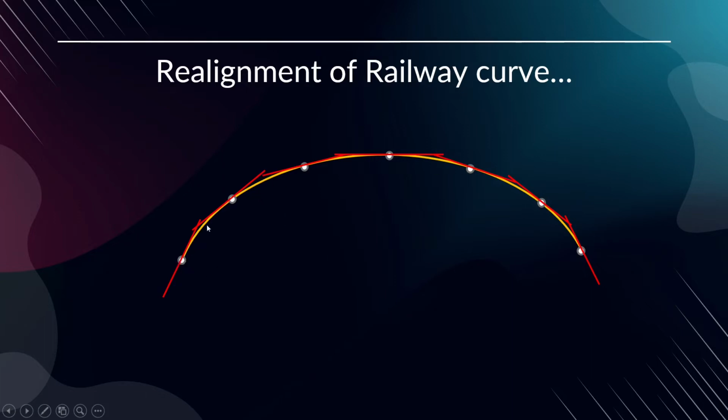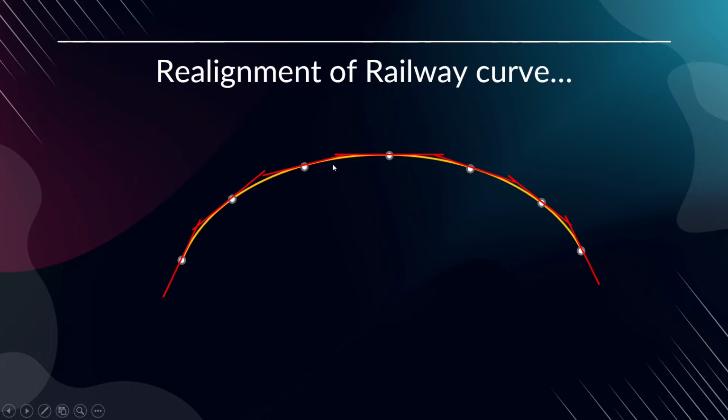Super elevation will be uniform for the curvature. Suppose we take a 2000 meter radius, then for that radius super elevation will be provided so that smooth traveling will be there. The passenger will not feel any discomfort or uneasiness. So the change of direction should be uniform. So long as the change of direction is uniform, it will be all right. That means the radius should be uniform.